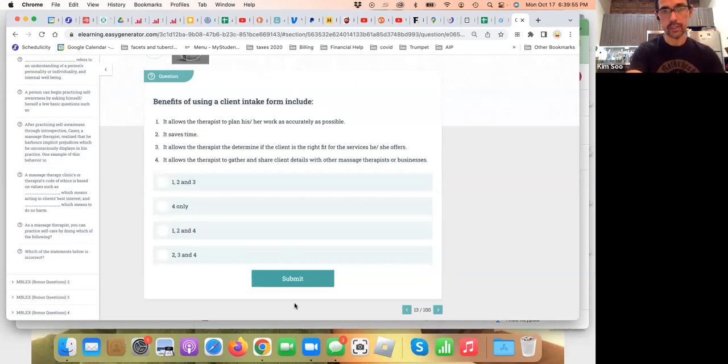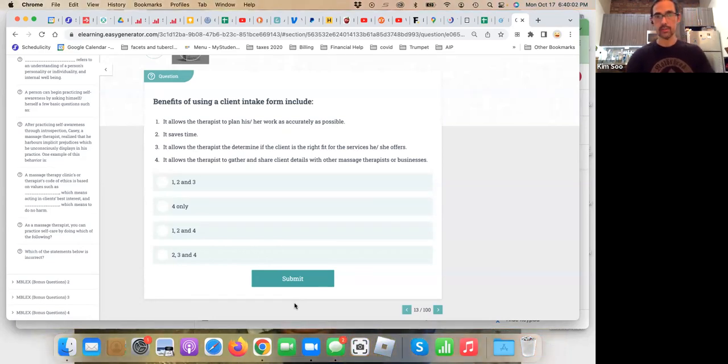The benefits of using a client intake form include: it allows the therapist to plan his or her work as accurately as possible; it saves time; it allows the therapist to determine if the client is the right fit for the service he or she offers; it allows the therapist to gather and share client details with other massage therapists or businesses.